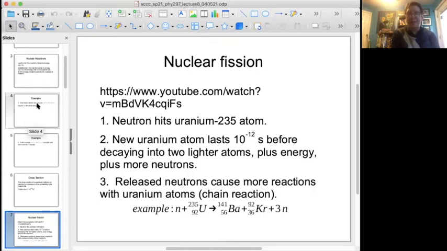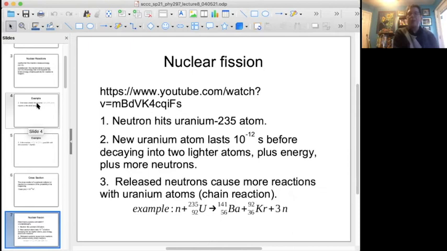And again, the 3 neutrons are moving away with a sizable amount of kinetic energy, which, if you have a sizable enough sample of uranium-235, makes it easy for them to find more uranium-235 atoms and cause more fission. And so that's a chain reaction.